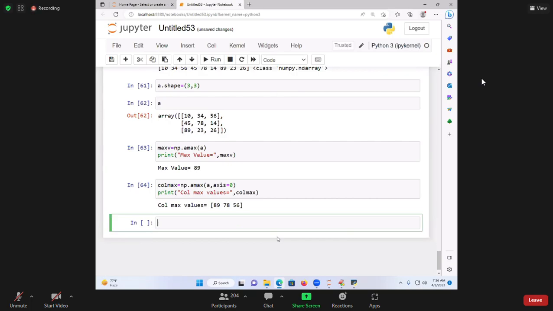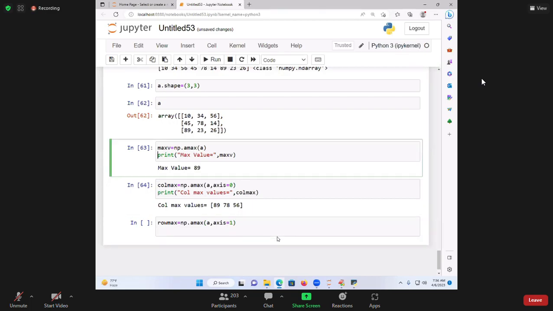Similarly, row max also I want. Row max is equal to np dot amax of A comma axis is equal to 1. You see here I am writing.